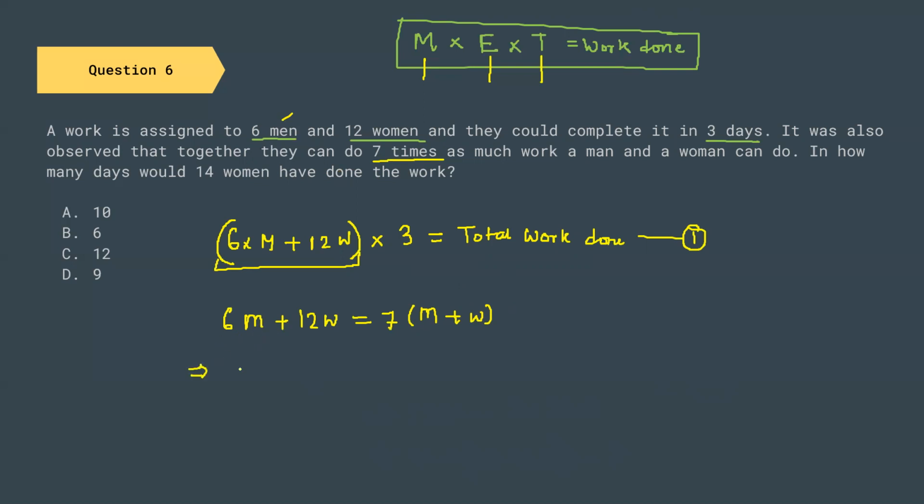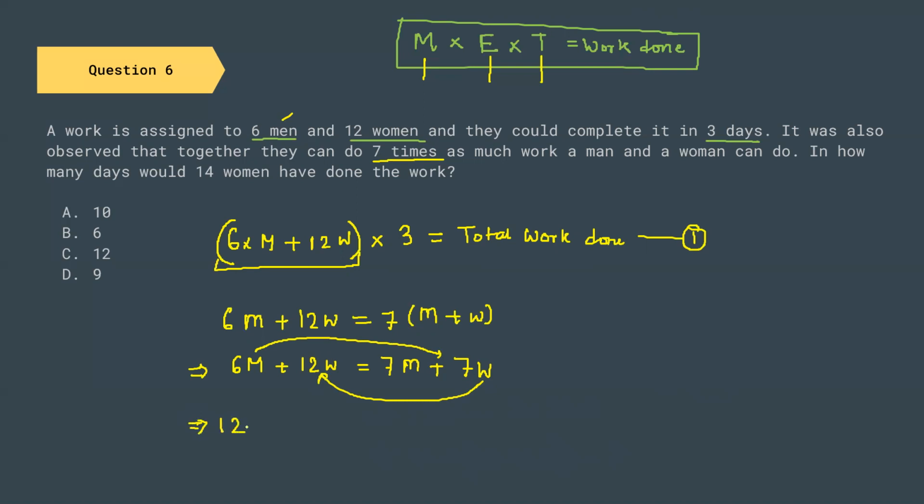So we can write 6M plus 12W is equal to 7M plus 7W. We take M on one side and W on the other, so as to keep the equation in positive format.